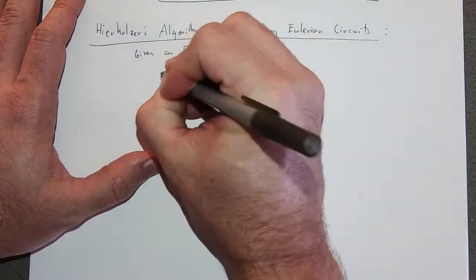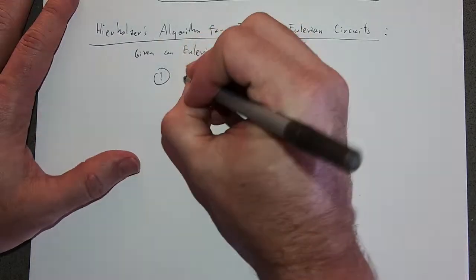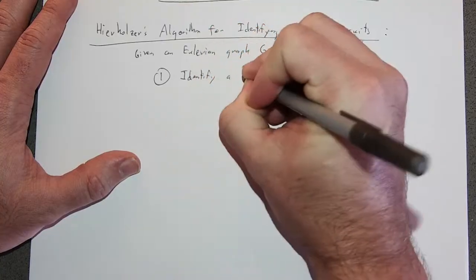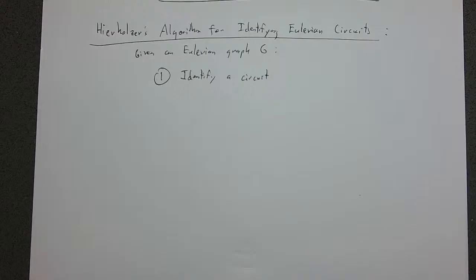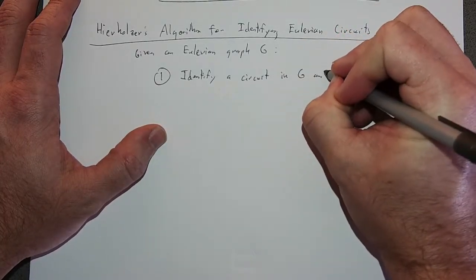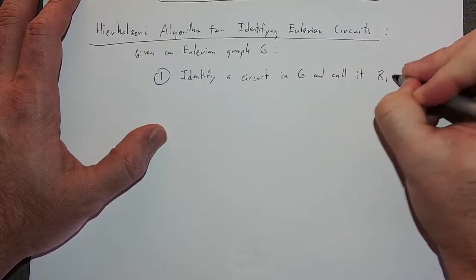And so I need to first identify a circuit, period. Okay. So identify a circuit in G and call it, say, R1.